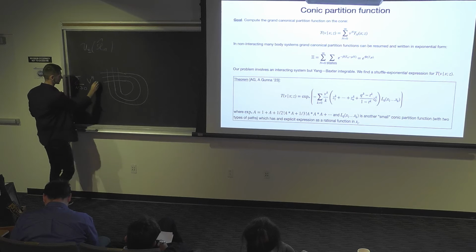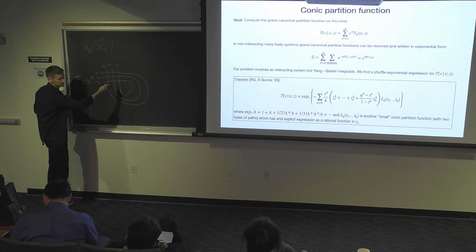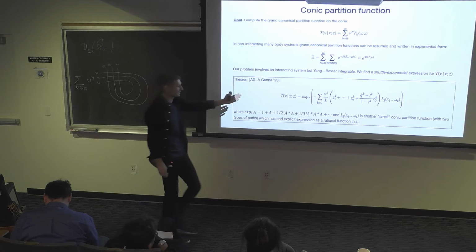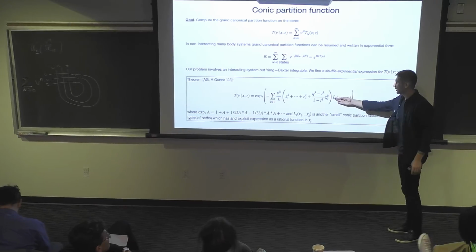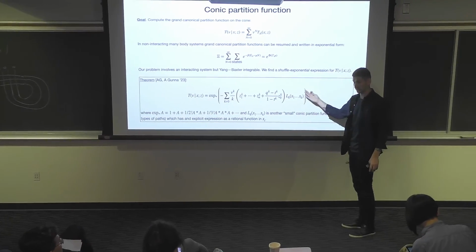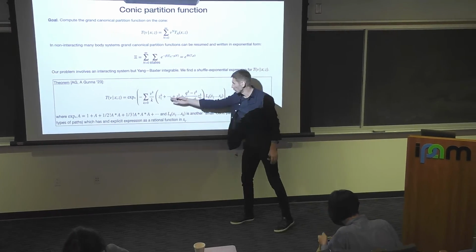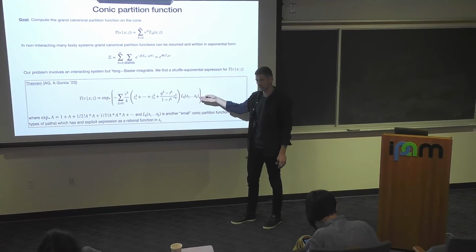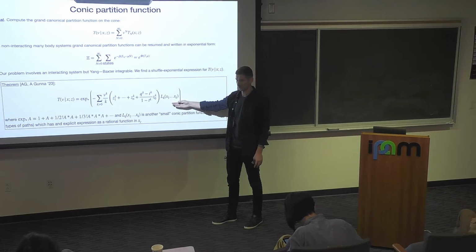We calculate this object with generalized boundary conditions, and we find an exponential formula. As I said, this can't be a pure exponential, like an exponential of scalars. These exponents have to be operators. And in the rest of my talk, I will explain what kind of operators they can be.